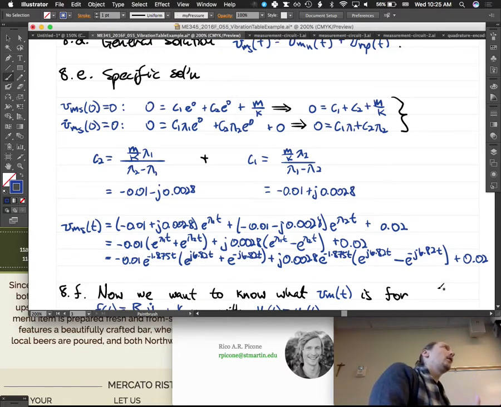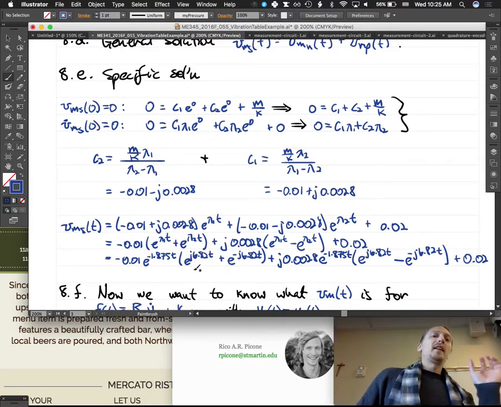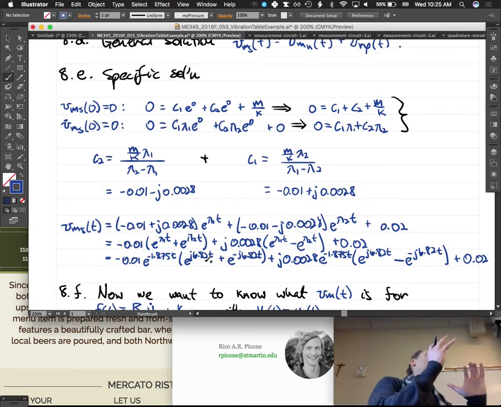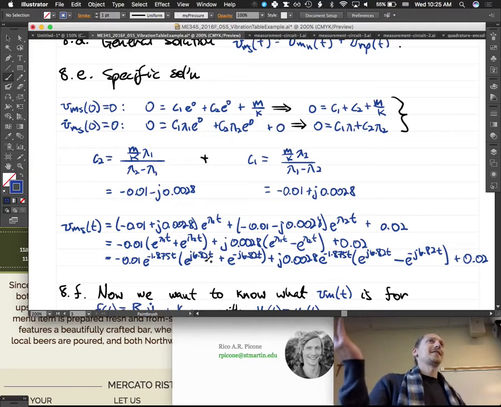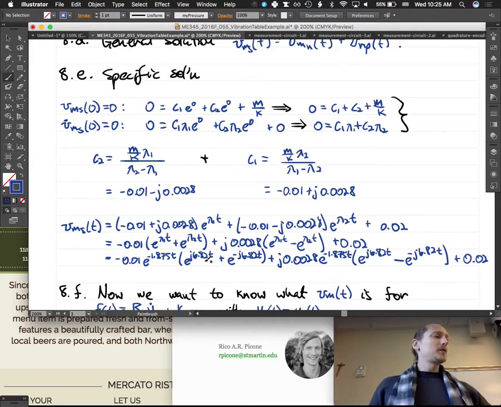We knew that Euler's formulas apply to these totally imaginary exponentials, e to the j something, and that they need to be extracted by themselves, and then they turn into cosines and sines, right?